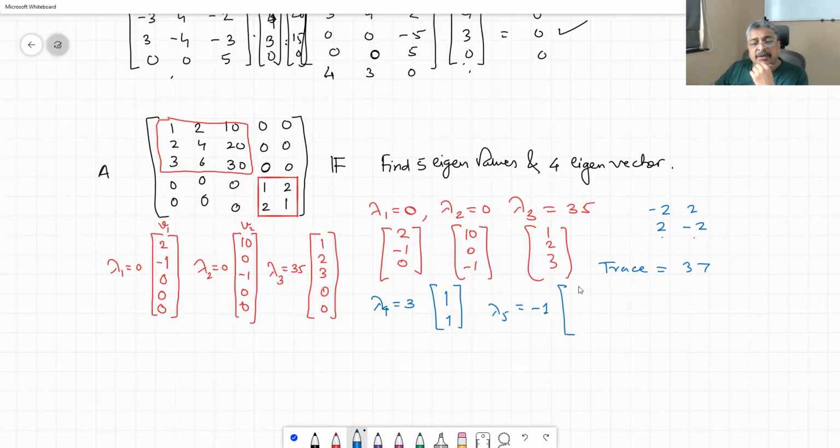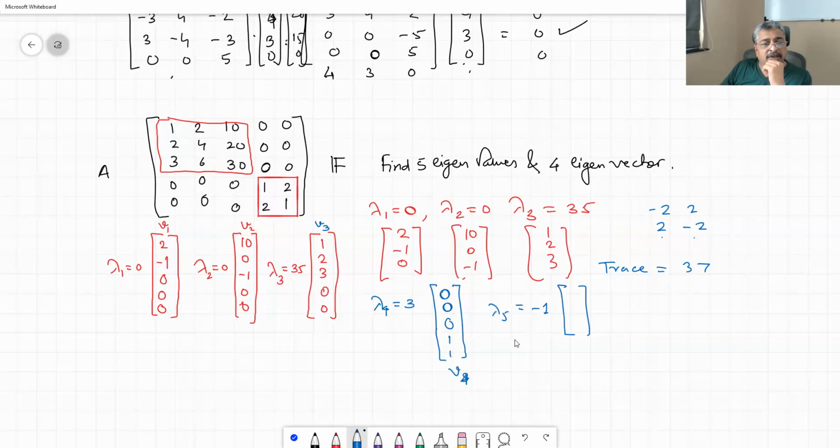Now if you consider minus 1, let me write down these 5-dimensional vectors here. 0, 0, 0 for the first 3 rows, then we have 1, 1. That is your vector number 4. This is vector number 3.